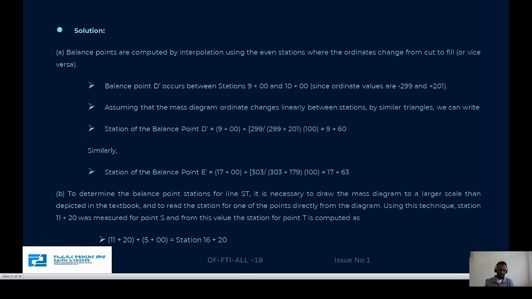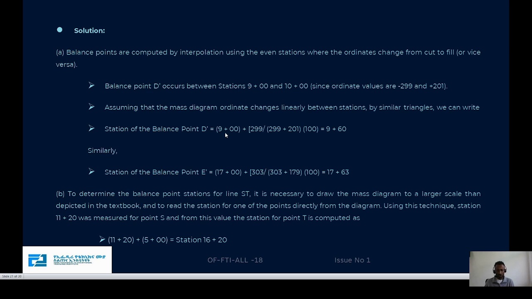The balance point at D will be between station 9 and 10. Between these there are ordinates, or the accumulated volumes. At 9 it is negative 299, at 10 it is positive 201. So we calculate the balance point.